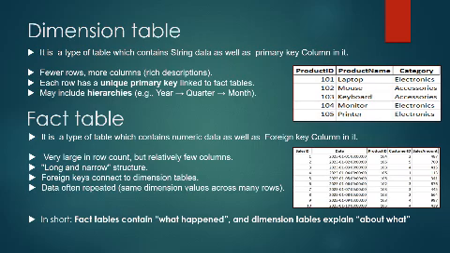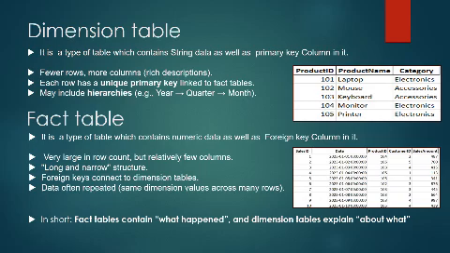And each row has a unique primary key column. You could see here, every ID is different, so based on the unique primary column we can find out it's a dimension table.